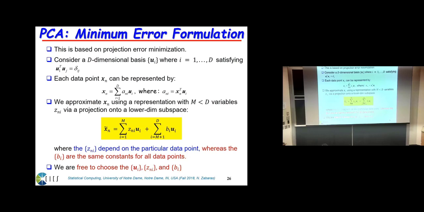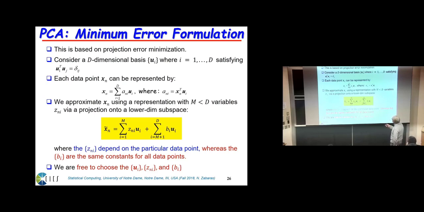This is if you represent x using all the vectors that form a basis in the d dimensions. But we want to do an approximation in a subspace that is m-dimensional. So this is how the approximation is going to look. On first sight it may look a little bit weird, but when you see the plot and the final results, it will make a lot of sense. Let me express this mathematically.